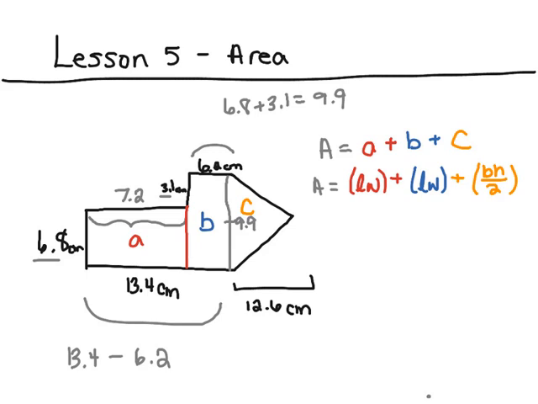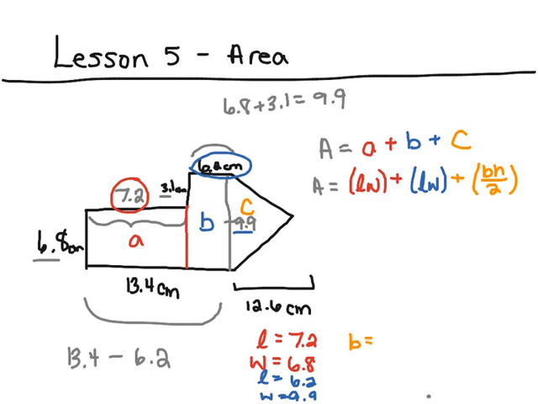Now we just need to find all of our amounts. So our red L, our length would be 7.2, and our width would be 6.8. For our blue triangle, or rectangle, our length is 6.2, and our width is 9.9. And for our triangle, our base is 9.9, and our height is 12.6. So now we're just going to plug that into all of our equations.